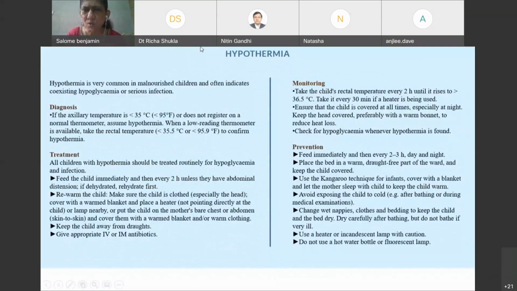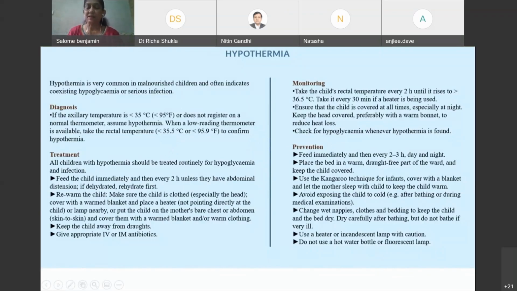This is hypoglycemia with hypothermia, and this is what we do as treatment for hypothermia, which I have already spoken about. We first of all give them enough warmth. Once the temperature is below 35, you need to give them a proper blanket and proper light, or if the child is very small, you can put the child in an incubator-like tray, or wherever the child is put, put the light and wrap them up.